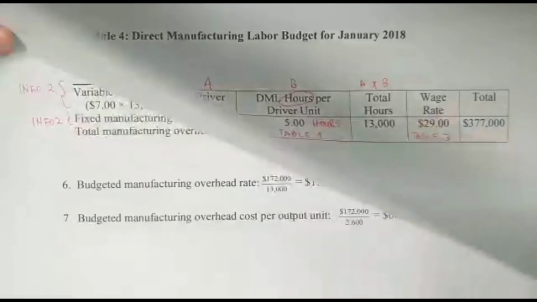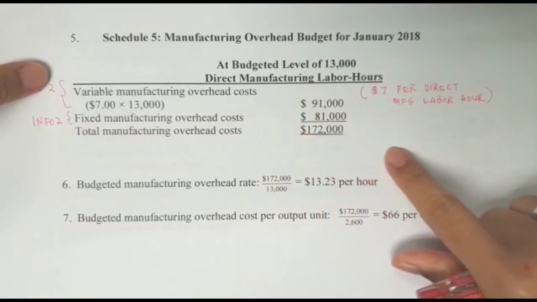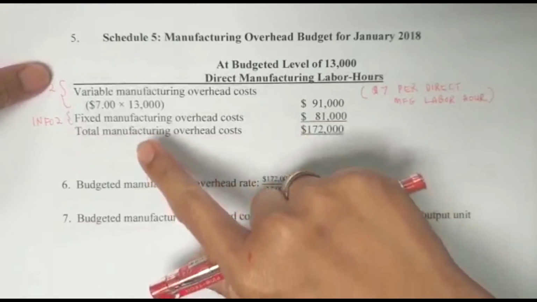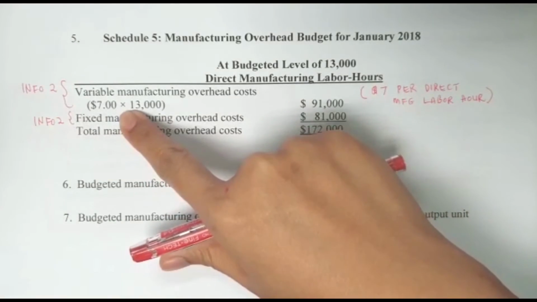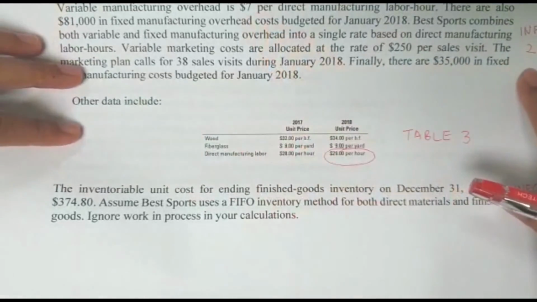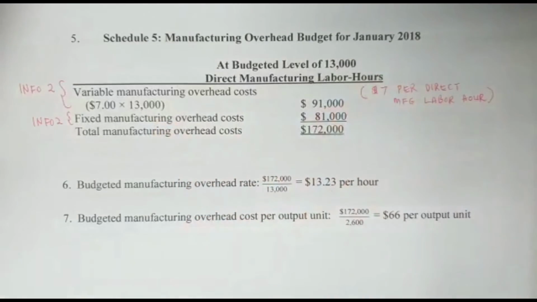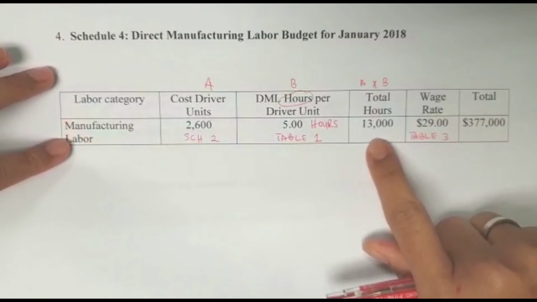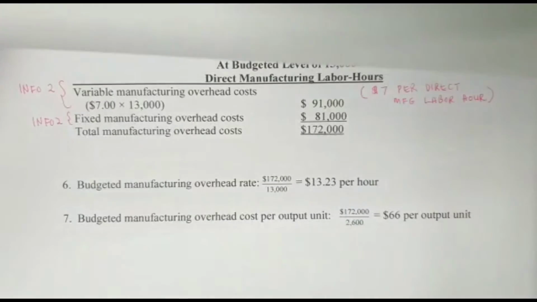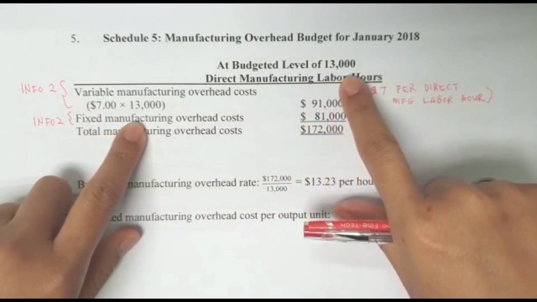So therefore for variable manufacturing overhead cost here, the $7 that has been given in information 2 times the 13,000 total hours from schedule 4 before. From schedule 4, that is here, the total hours, at the budgeted level of 13,000.